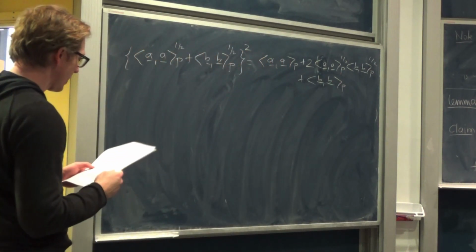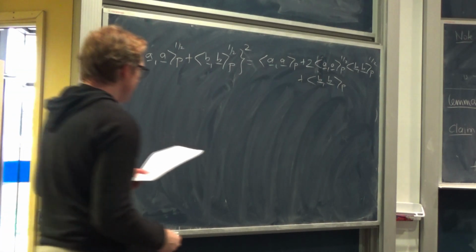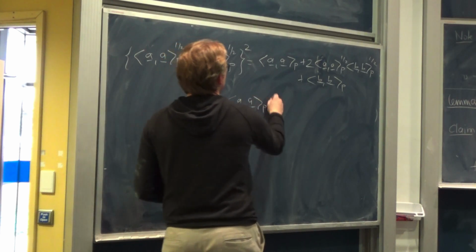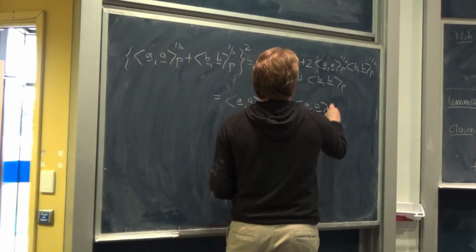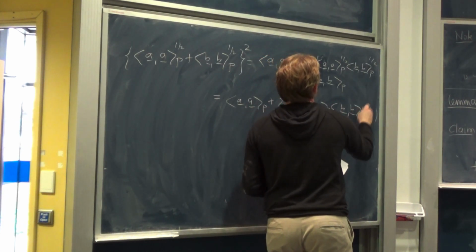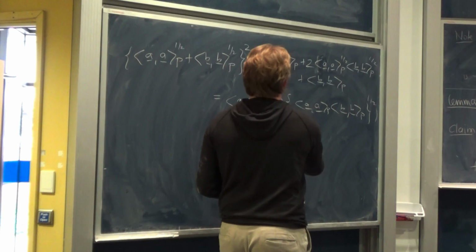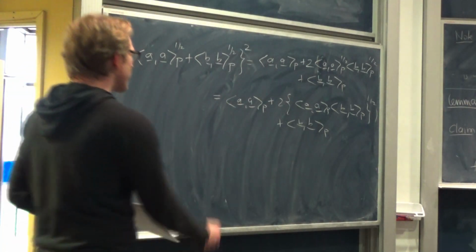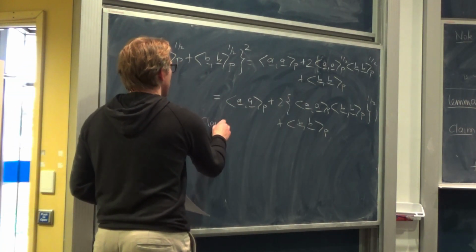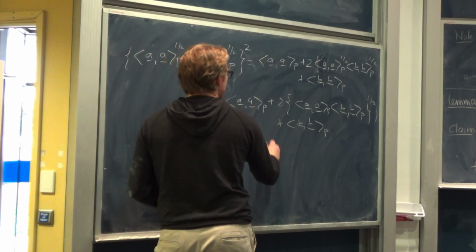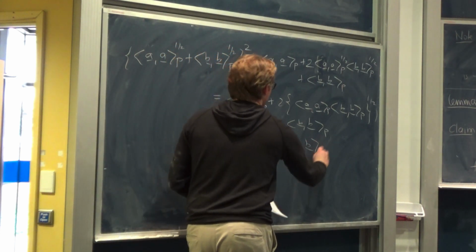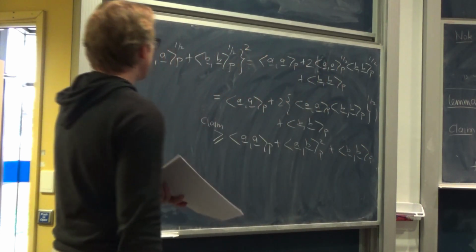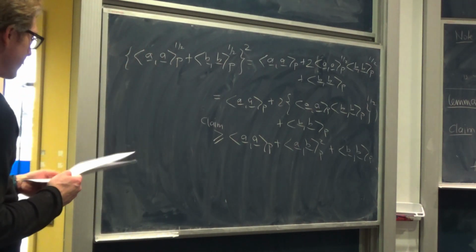So I've got this. Now I just invoke the claim. Square rooted.